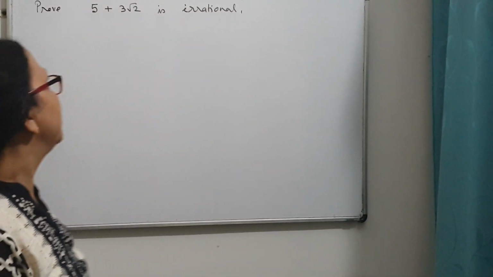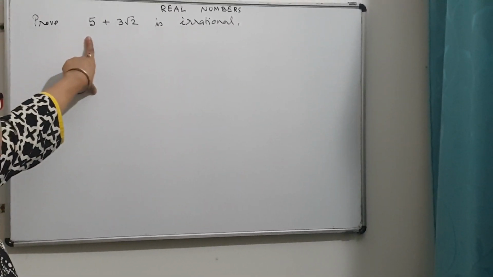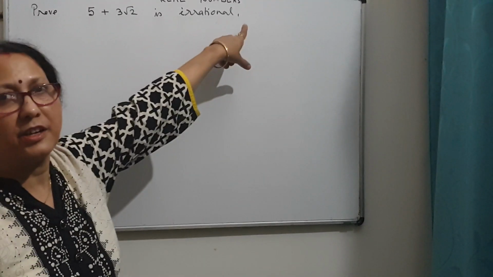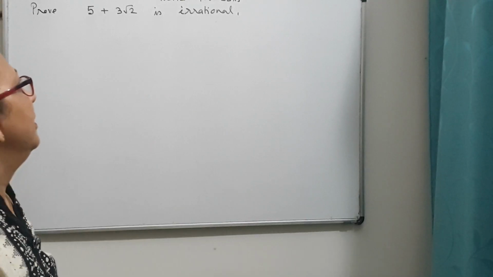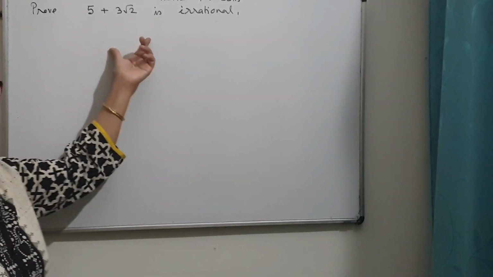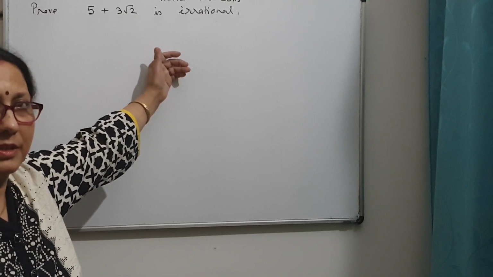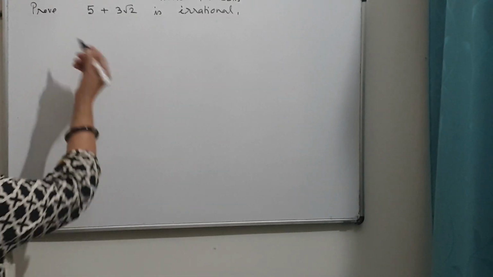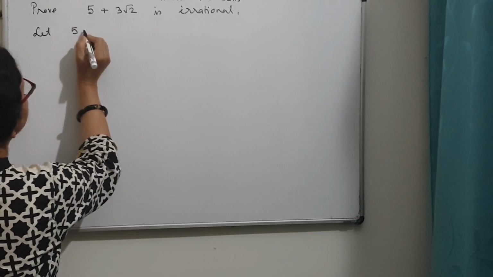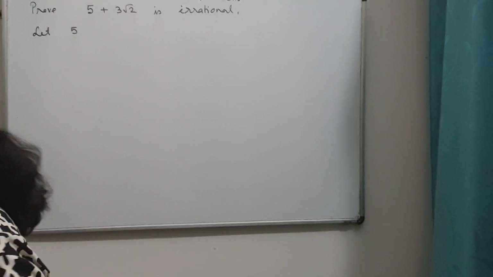So now let us solve some questions. Here you have to prove that 5 plus 3 root 2 is irrational. Again, this kind of proof will be done by the method of contradiction. So we'll assume the opposite.